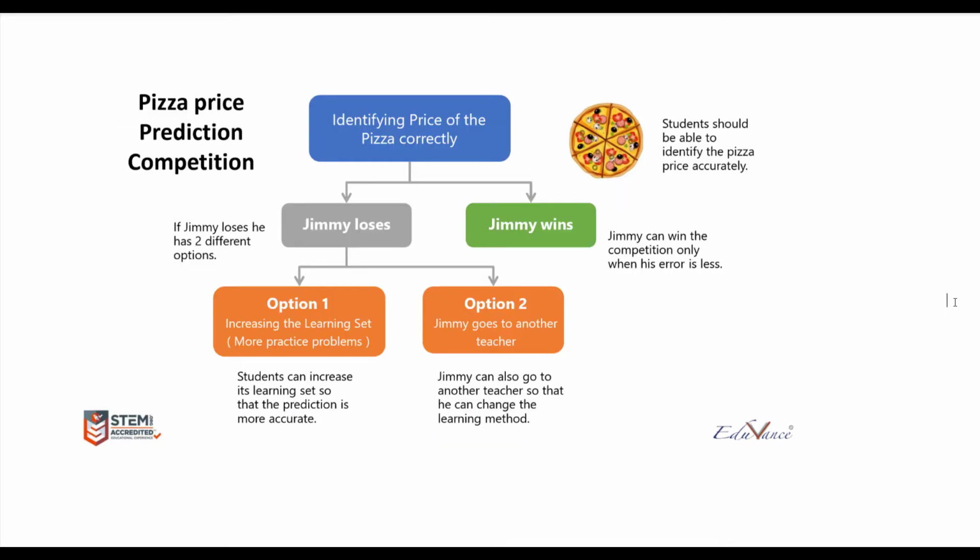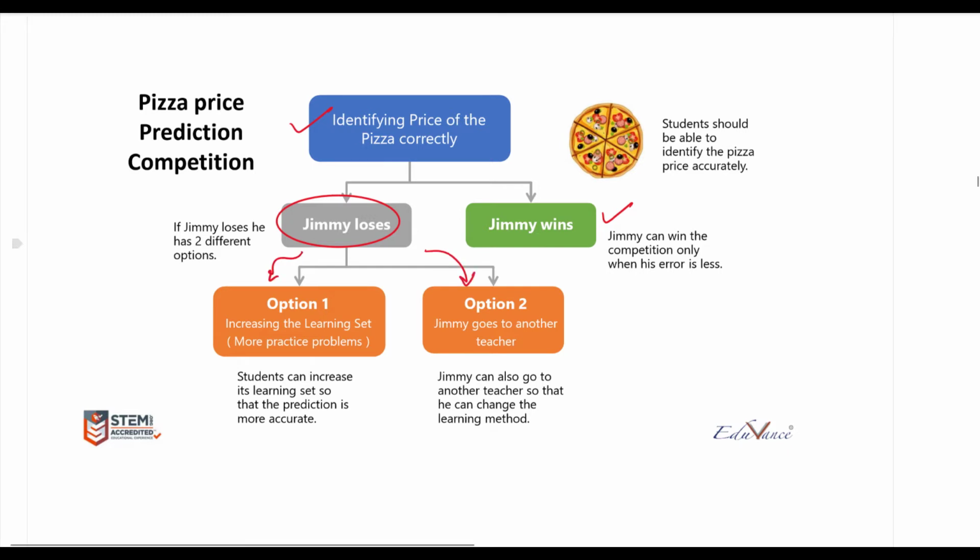Okay guys, the rules of the competition are simple. Jimmy has to identify the price of the pizza correctly. If he does it correctly from the word go, Jimmy wins. If Jimmy loses, he has an option of trying to learn again. There he has two options.